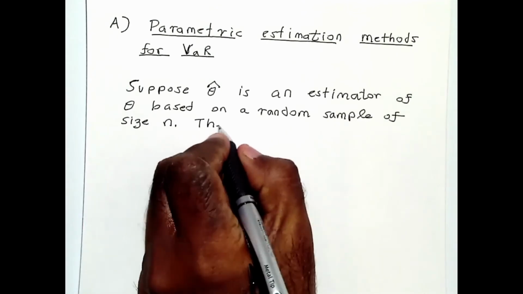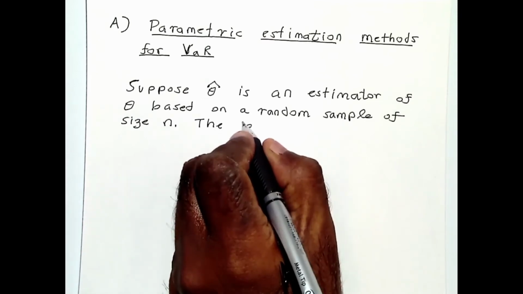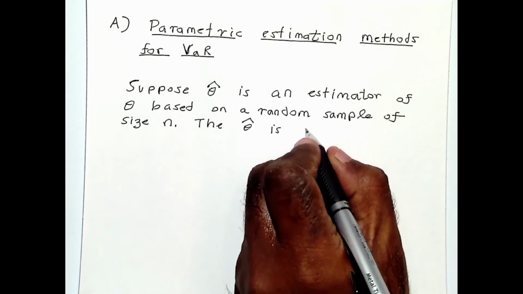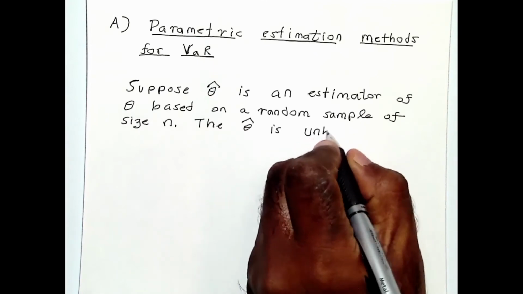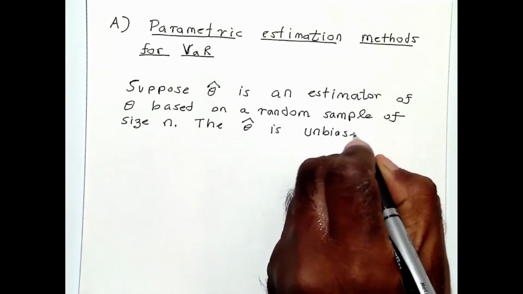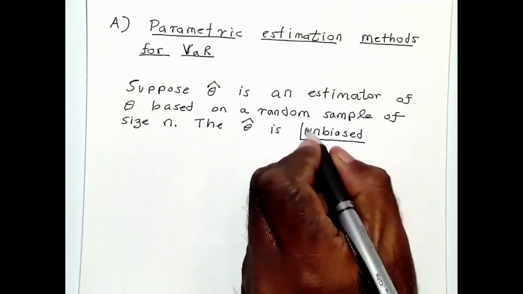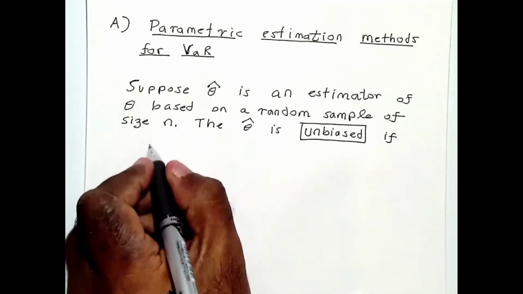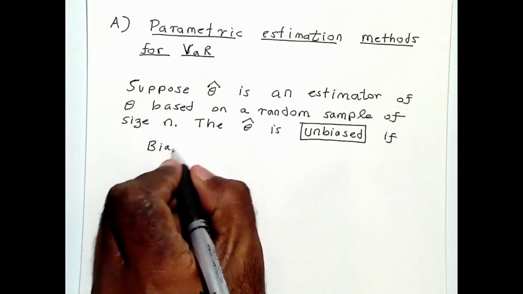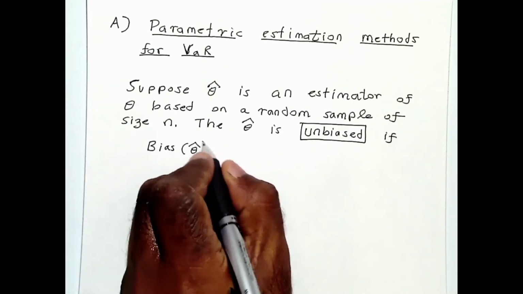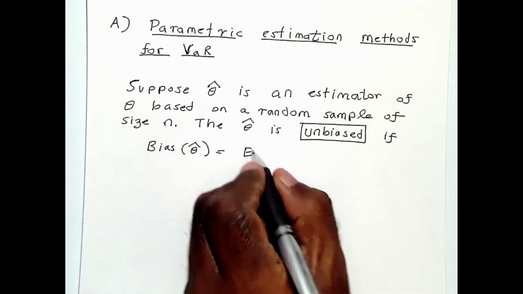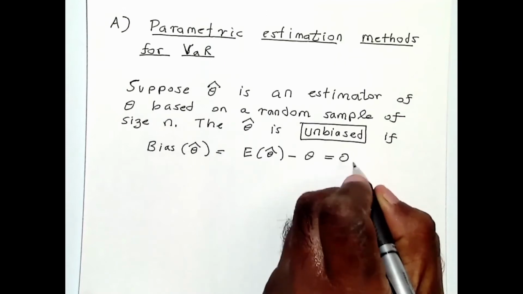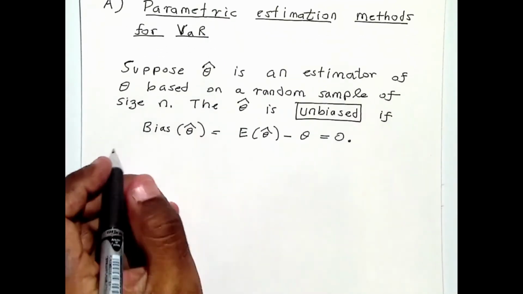The first thing you need to remember is the following. Theta hat is unbiased. This is the crucial word, unbiased, if the bias of theta hat, which is defined to be the expectation of theta hat minus theta, is equal to 0.